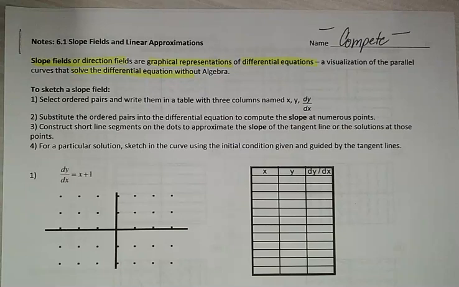So the ones that we're doing today, like this one, are way bigger than you'll actually see on the exam. But I wanted to give you a field big enough that you could easily see what this is going to look like. So when they're grading this particular slope field, they're going to be looking for the horizontal tangent lines. They're going to be looking for where anything is undefined. They're going to be looking for positive slopes and negative slopes.